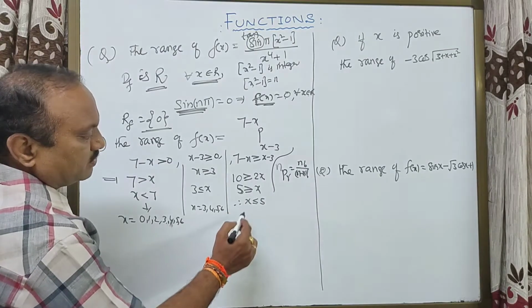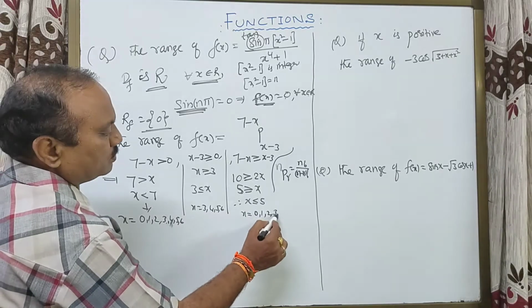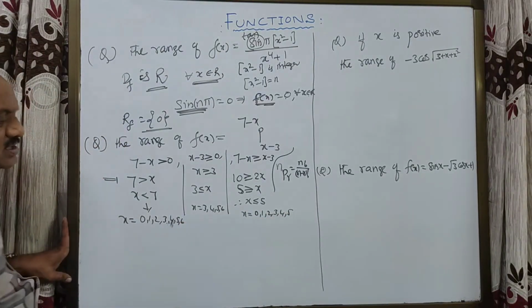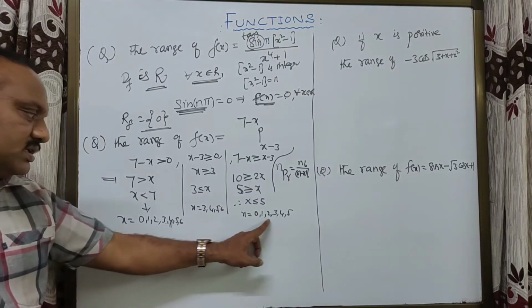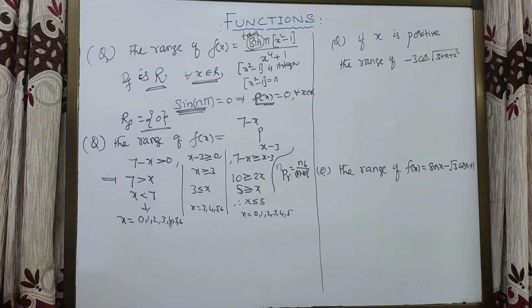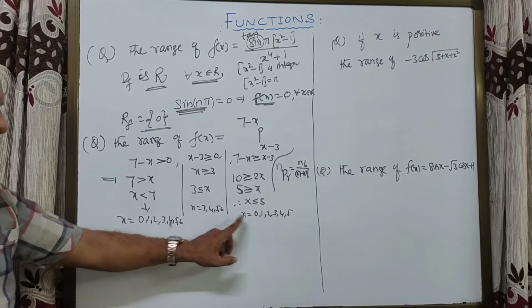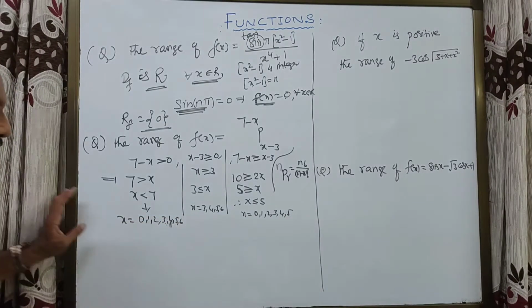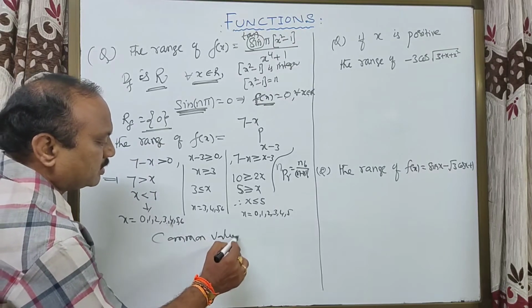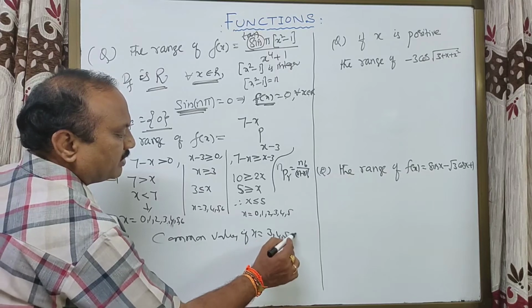Here x is less than or equal to 5, so x equals 0, 1, 2, 3, 4, 5. So what are the common values? 3, 4, 5 are the common values, only up to 5. So the common values are x equal to 3, 4, 5 only.